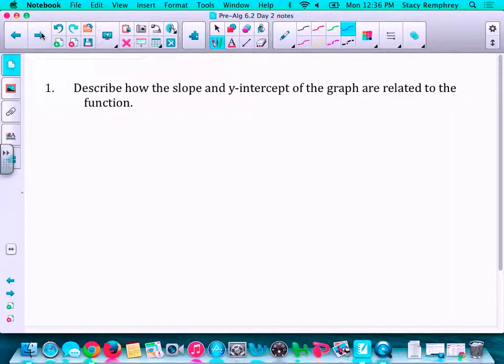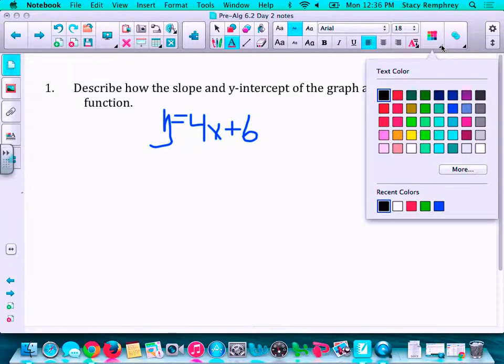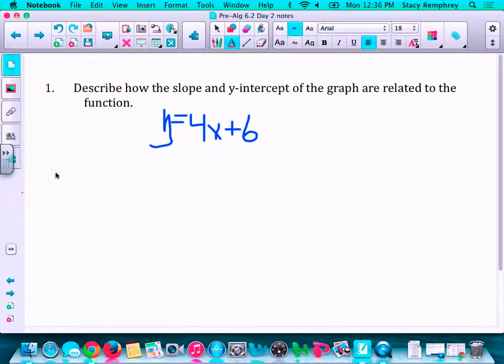Describe how the slope and the y-intercept of the graph are related to the function. So we have y equals 4x plus 6. Now, to explain what those mean, I'm going to type it because it'll look nicer. Okay? Our y-intercept was 6.